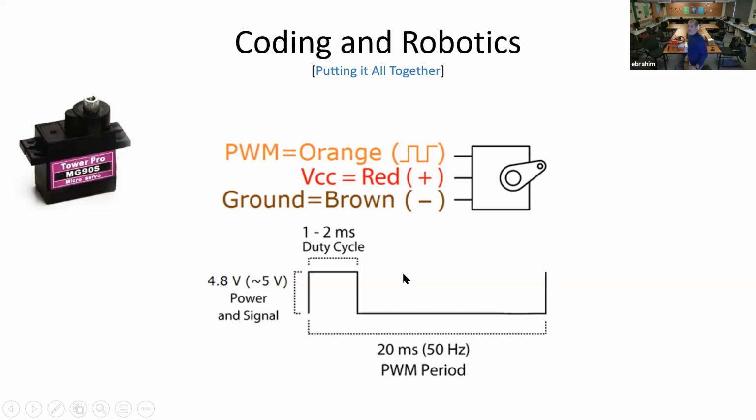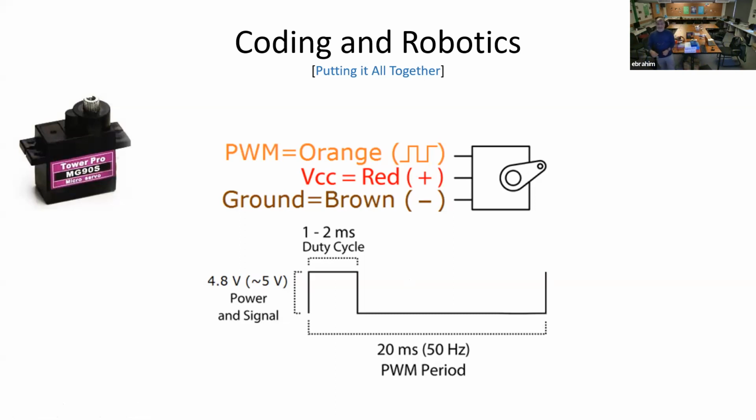If I have 1 millisecond, it will pull the whole servo motor to 0 degrees. If I make the pulse width 1.5 milliseconds, it will move to 90 degrees. If I make it 2 milliseconds, it moves to 180 degrees. So you can see we're getting information from this diagram on how to control the servo motor and get it to the position we want.